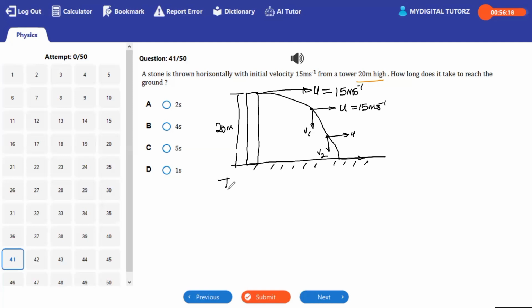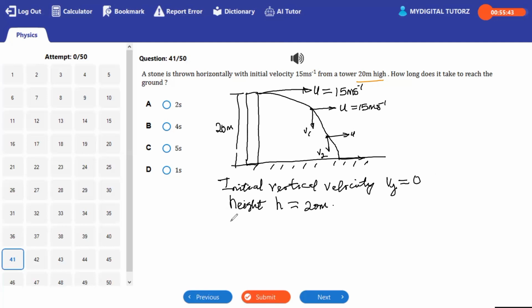So the initial vertical velocity, I call it V, is equal to 0, and the height h here is said to be 20 meter. Here is the initial horizontal velocity, which is u, but the initial vertical velocity is equal to 0.